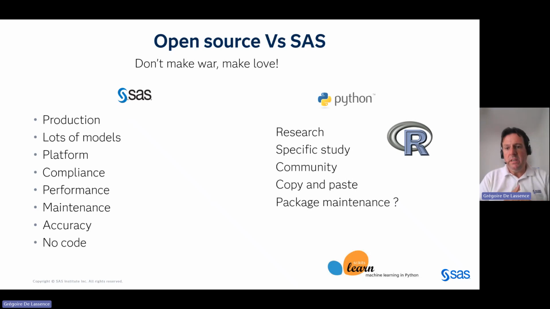And it has happened to me to have more than 10 versions of R or Python on my laptop, because this package works on this version and not on the other. It means you can't maintain them over years. The SAS platform comes with many solutions which are no-code.